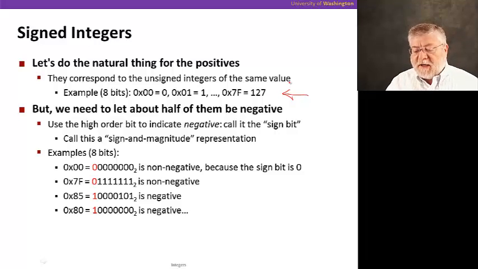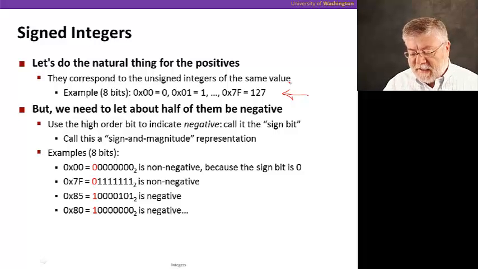But since we need about half of them to be negative, we're going to save the other half from 128 to 255 to really be used to represent negative numbers rather than those larger positive numbers. So we're going to use the high order bit, that B7, to indicate whether a number is negative or not. And often that most significant bit is the sign bit. This is called a sign and magnitude representation.